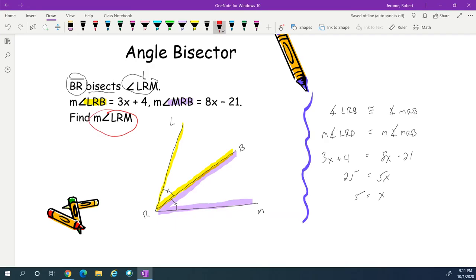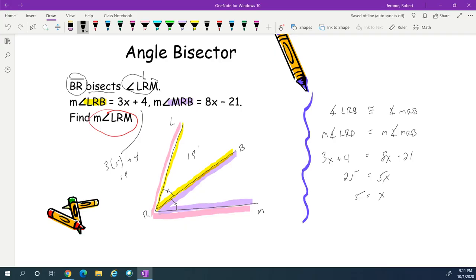asked us to find LRM. Well, LRM is the whole thing. So just like we did with segments, we're going to plug that x back in everywhere. Three times 5 plus 4 is 19.